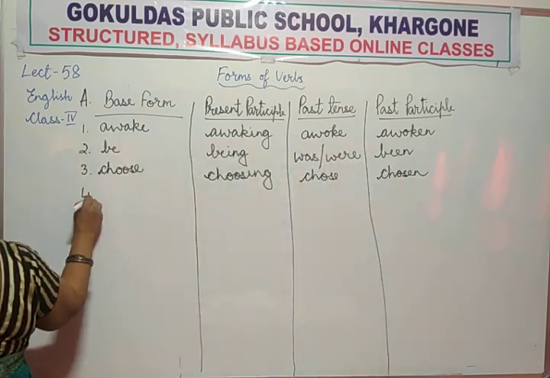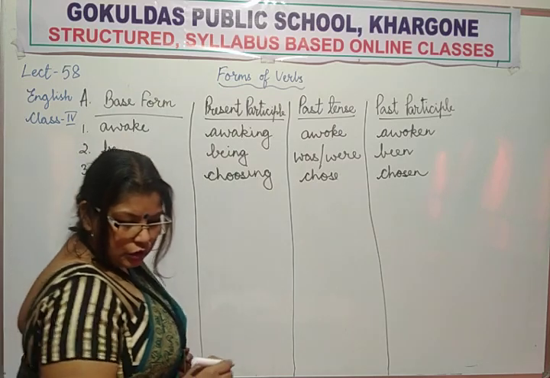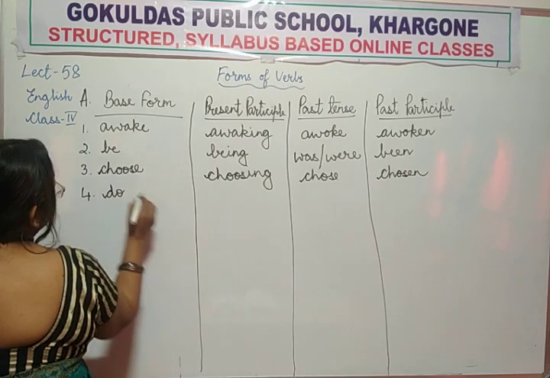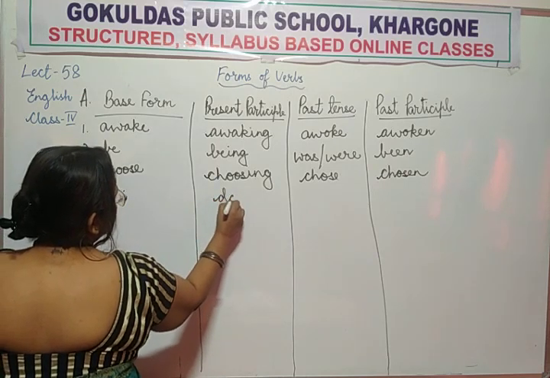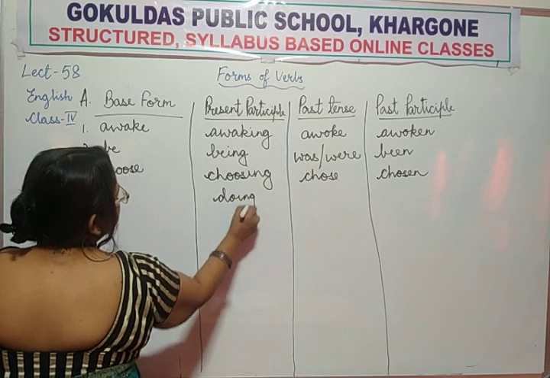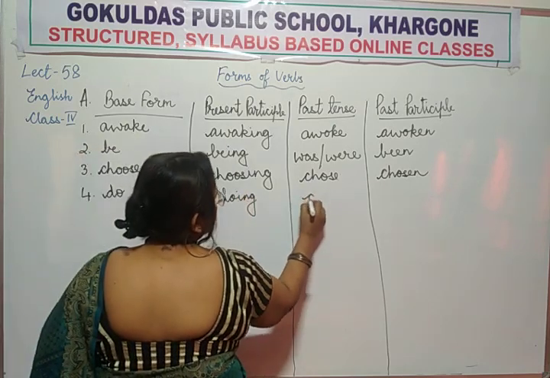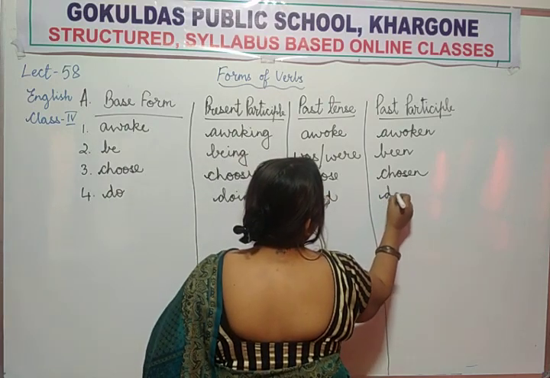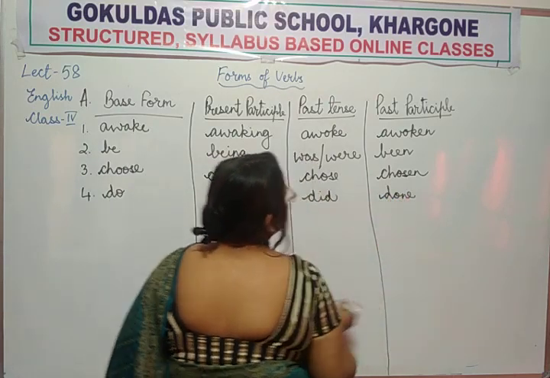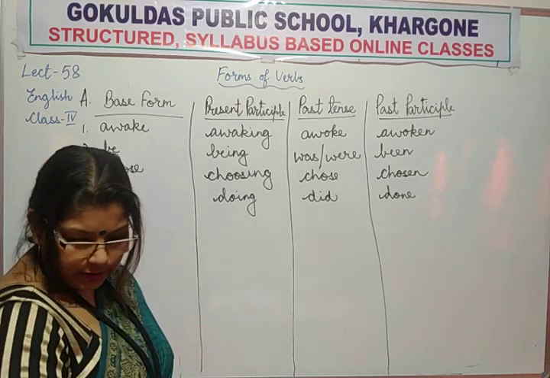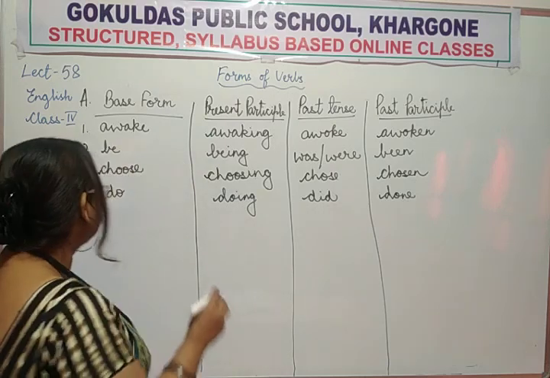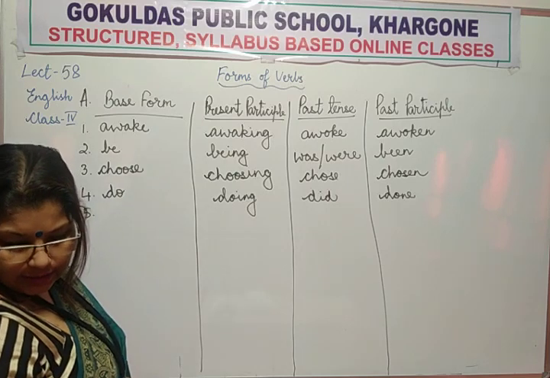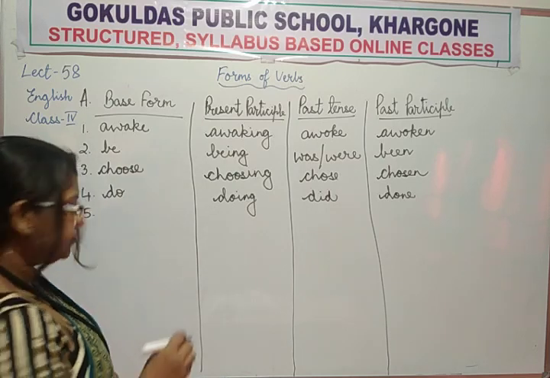Number 4. Do. Doing. Did. Done. Okay, so these are the words. Next, 5. Eating, ate, eaten.